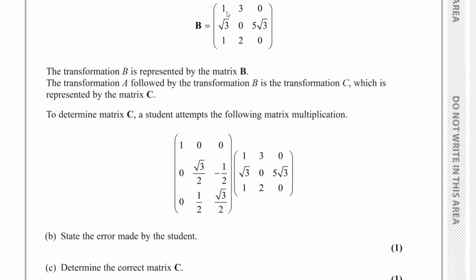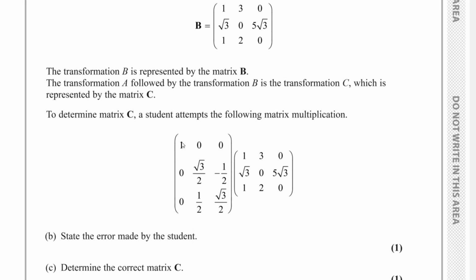Part B, we've got this matrix B: 1 root 3 1, 3 0 2, 0 5 root 3 0. The transformation B is represented by the matrix B. The transformation A followed by the transformation B is the transformation C, which is represented by the matrix C. To determine matrix C, a student attempts the following matrix multiplication.